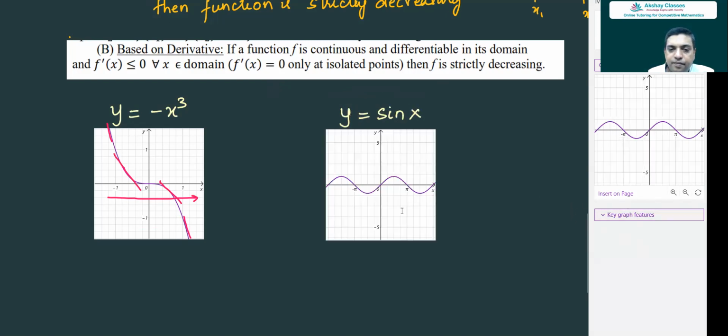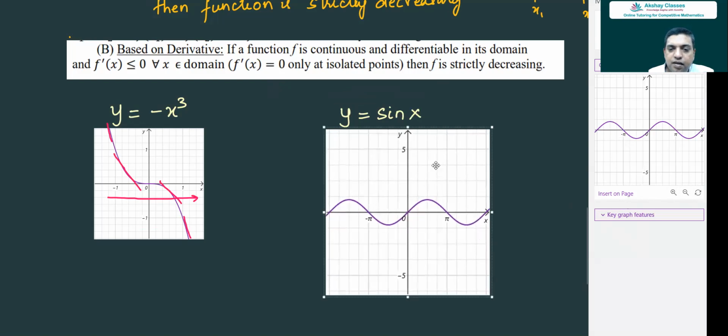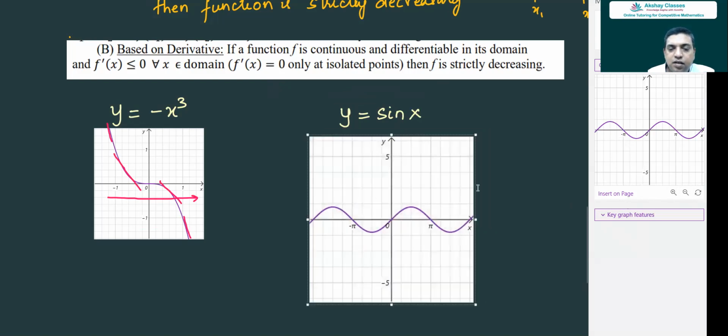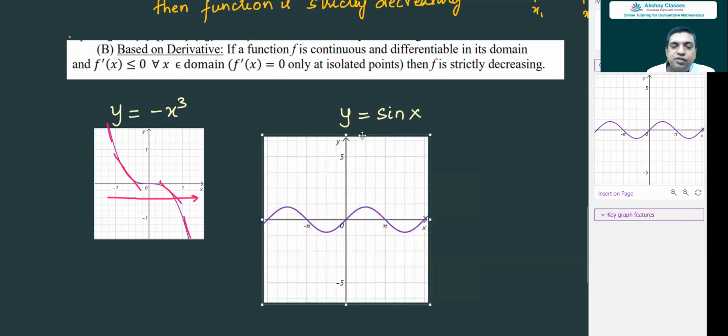Okay. So sin x, the graph of sin x, is an increasing function on, you see, minus pi by 2 to pi by 2, it increases. In this region, it increases.